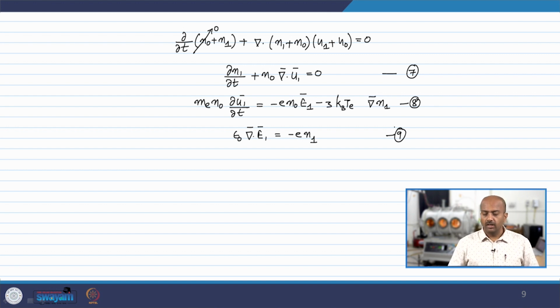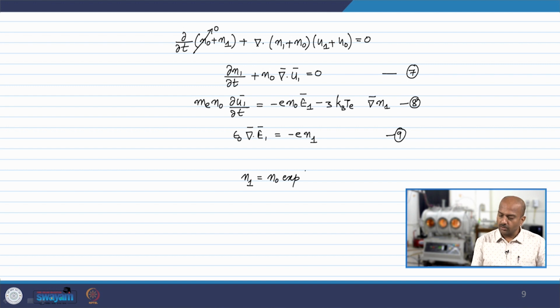These are the perturbation variables: velocity, electric field and the number density. Now, the standard method is to assume sinusoidal variation of the perturbation variables. We will say that n 1, the perturbed electron density, is n naught exponential i times k x minus omega t. So, you are describing a sinusoidal variation in one dimension, along the x direction.